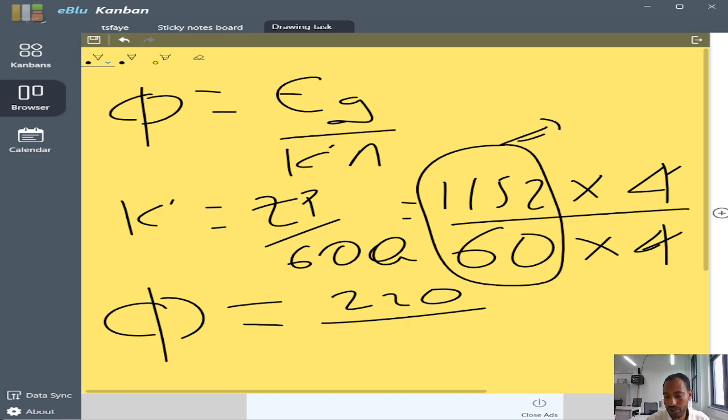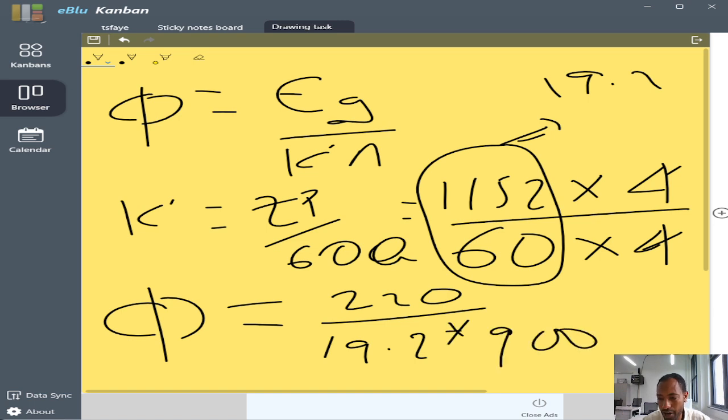How much is it? We have to calculate it and get it in the result. Let me calculate on my hand calculator. So 1152 divided by 60, it is 19.2. So this is going to be 19.2 times 900 RPM.